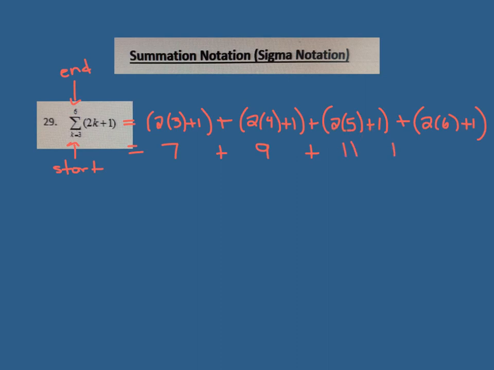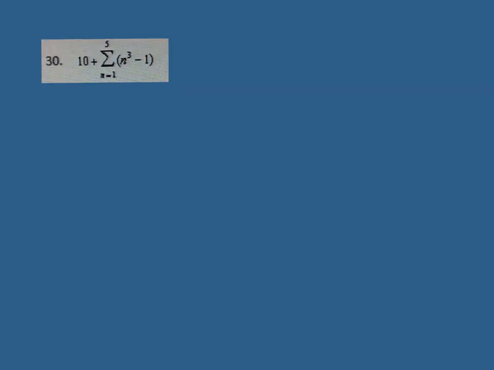And then finally, 2 times 6 is 12, plus 1 is 13. So if we add all these together, 7 plus 9 plus 11 plus 13, we're going to wind up getting 40. So the sum of 2k plus 1 from k equals 3 up until k equals 6 is 40.